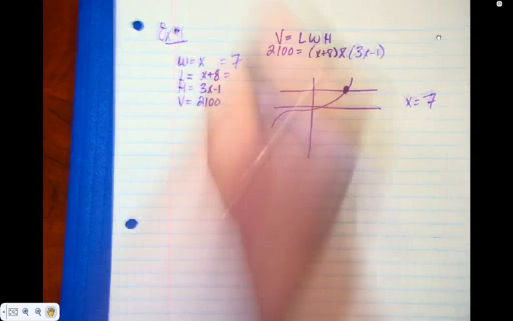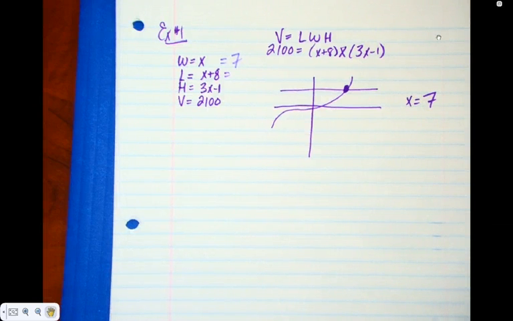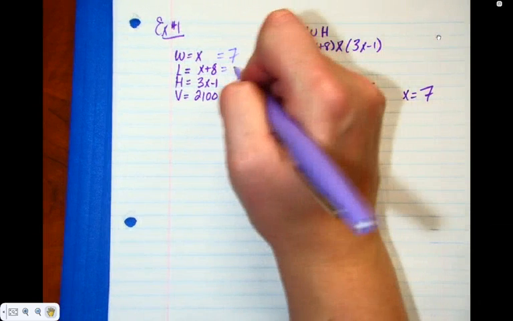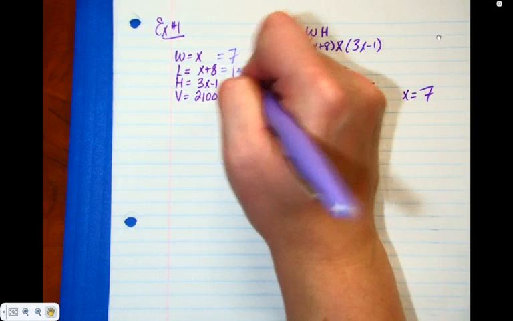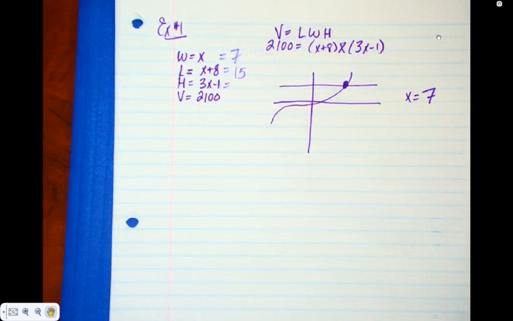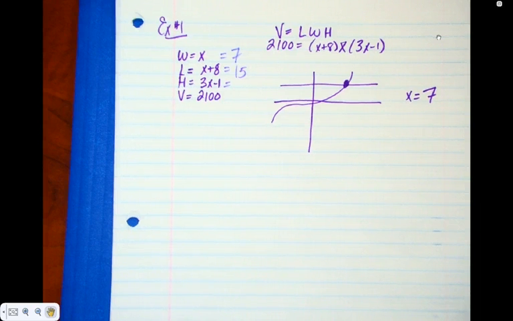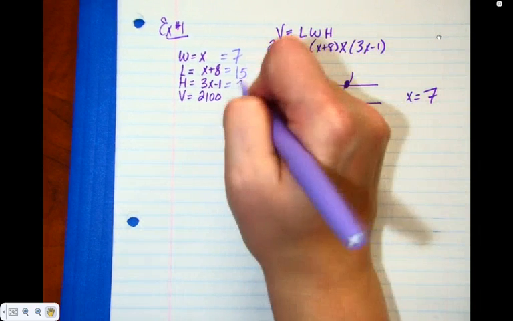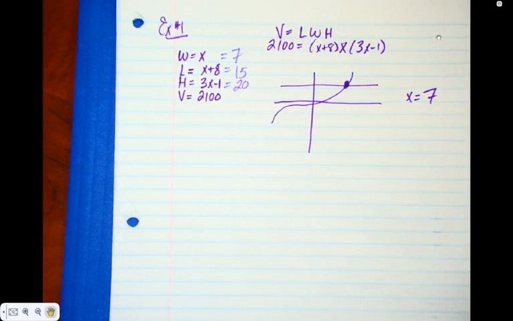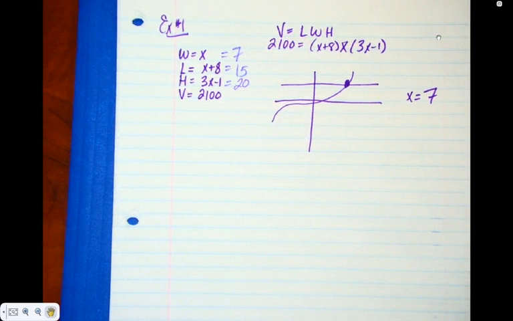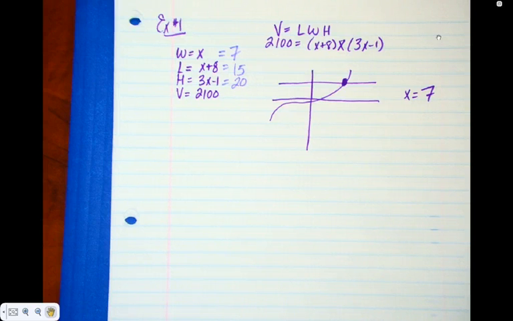So how do I find the length? Add 8, so 7 plus 8. How do I find the height? So 3 times 7 minus 1. I heard a quiet little 20. Agree? Then we need to find some units in the question.